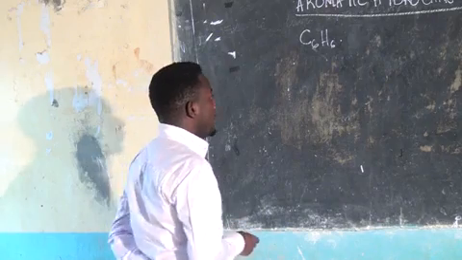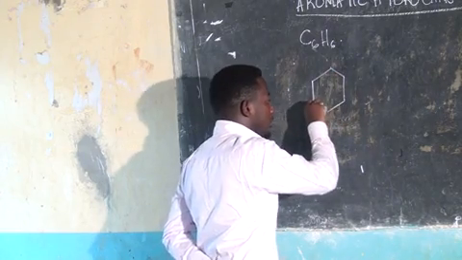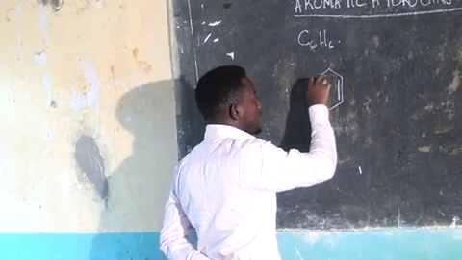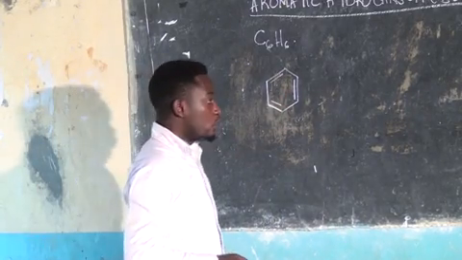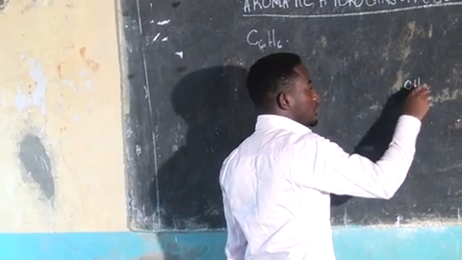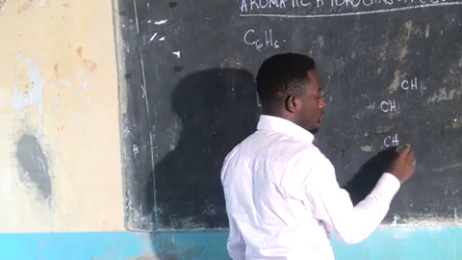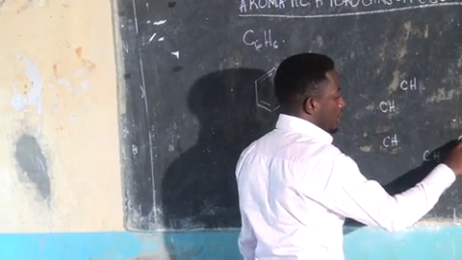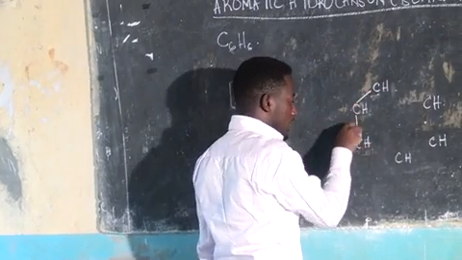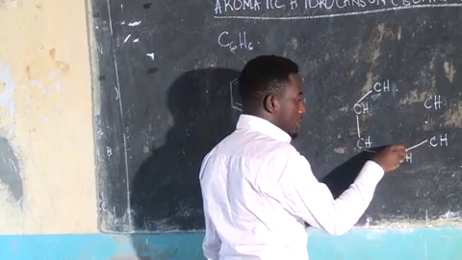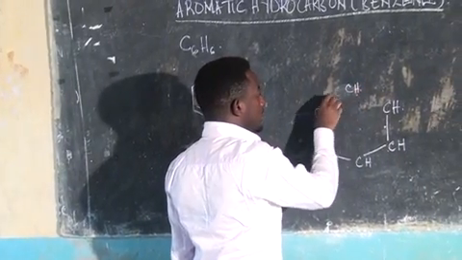suggested the structure which we later called the Kekule structure of benzene. He suggested that it is like this, whereby at every corner of the ring is a CH. So we have CH, CH, CH, CH, CH and CH.